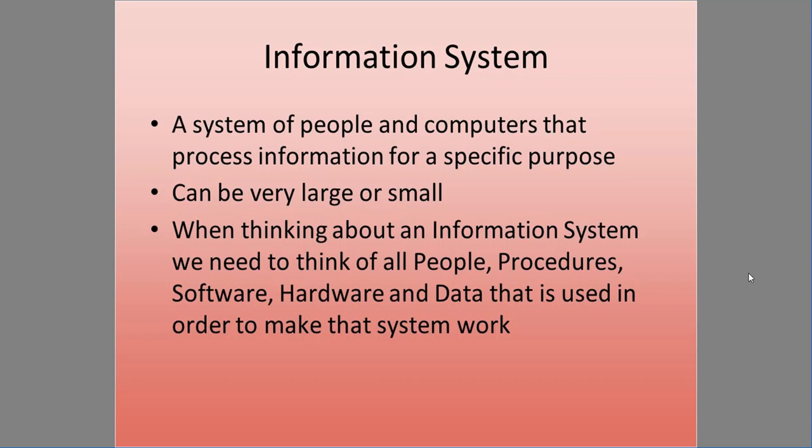These systems can be very large or very small. And when thinking about an information system, we need to think about all of the people, procedures, software, hardware, and data that is used in order to make that system work. That's very general to begin with. It's obviously going to become a lot clearer what an information system is as we go on.